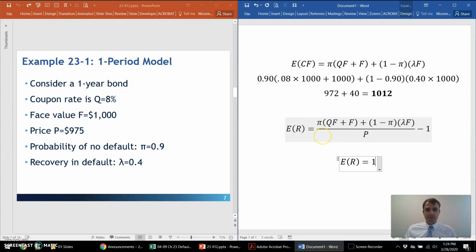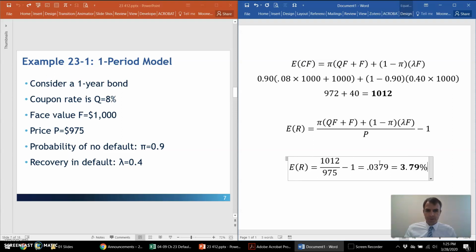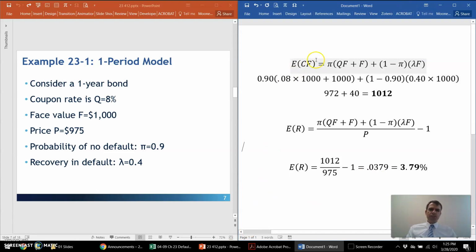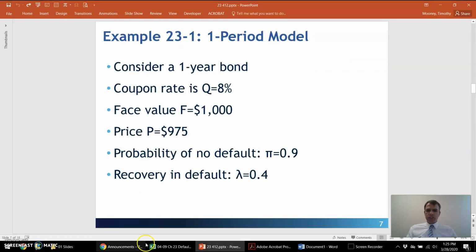So if we expect to receive $1,012 from this bond, and the price we're paying for it, P, is $975, that math comes out to be 0.0379, or 3.79%. Great. So this is how we'll compute default adjusted expected bond returns. But we're actually going to look at a little bit more involved model in the next video.